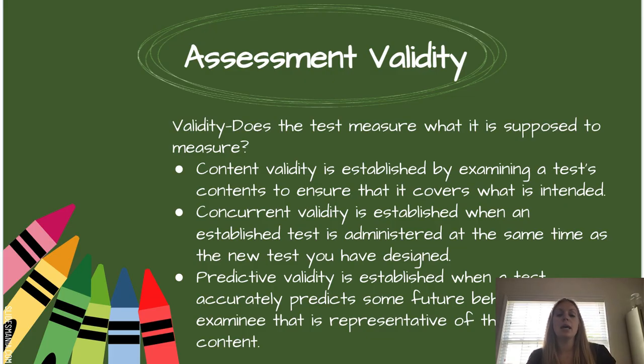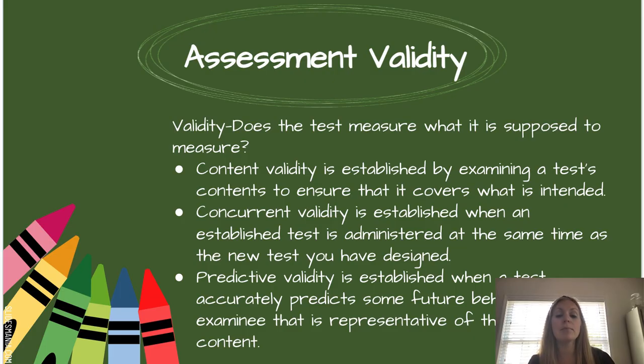And then there are two more. The next one is established when an established test is administered at the same time as a new test you've designed, making sure that there's not an overlap.